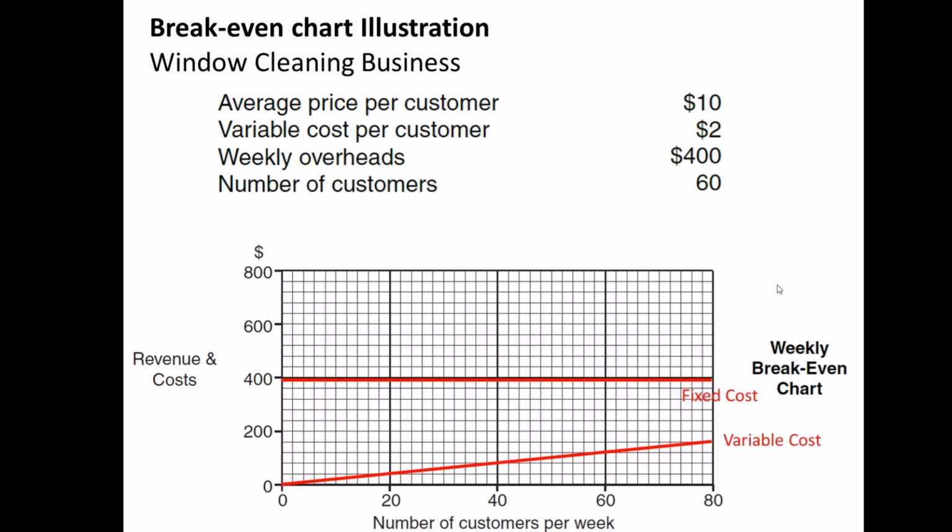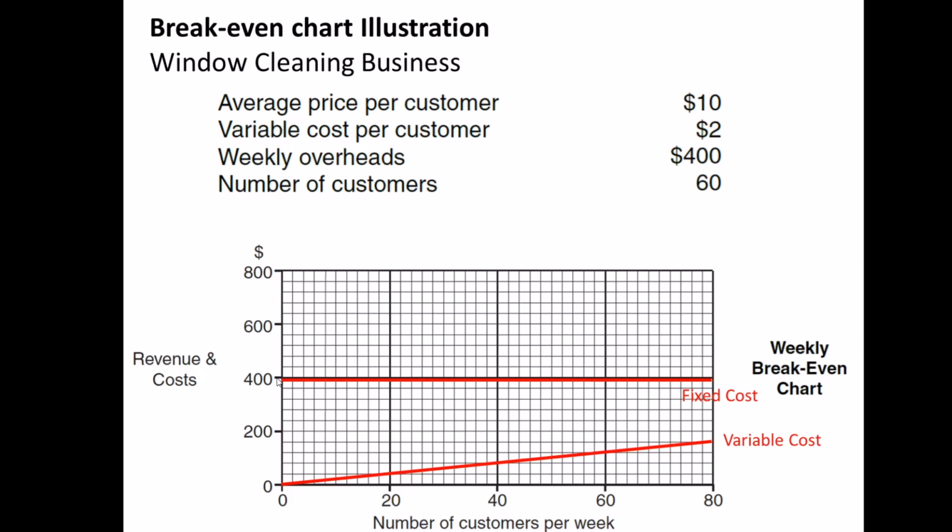The line is the same as the variable cost, but it starts at 400. Yes, 400. Think about this: total cost is variable cost plus fixed cost, and if you are producing 0 units, your variable cost will be 0.